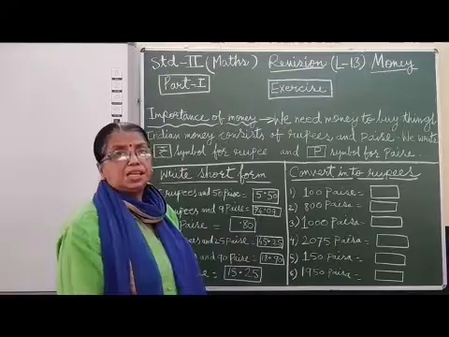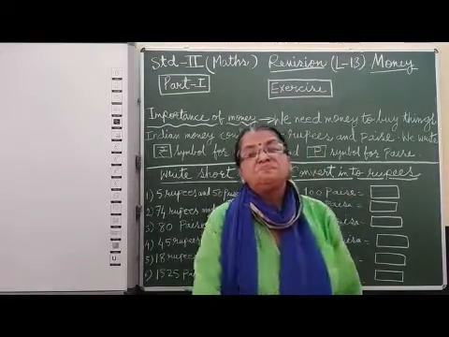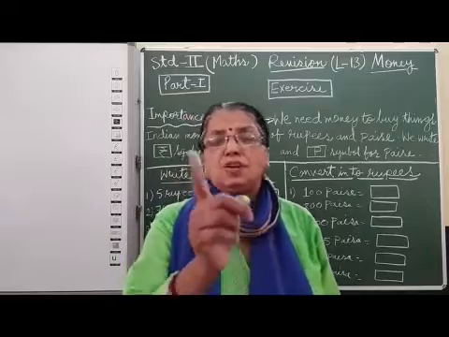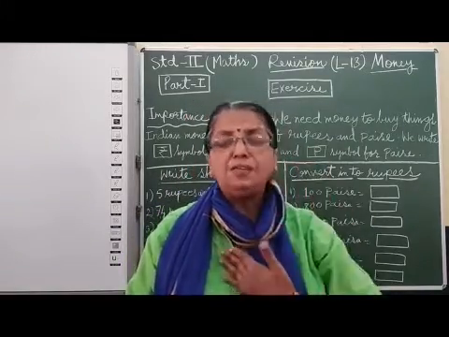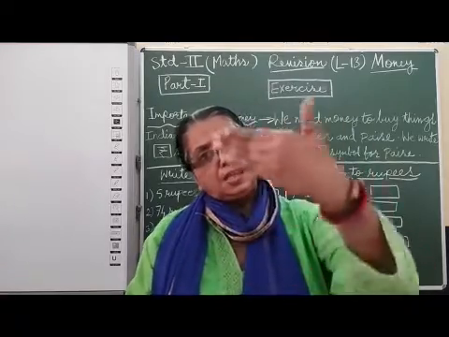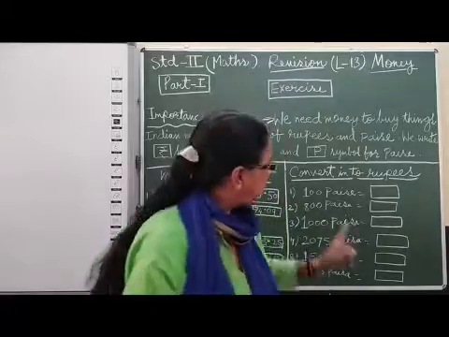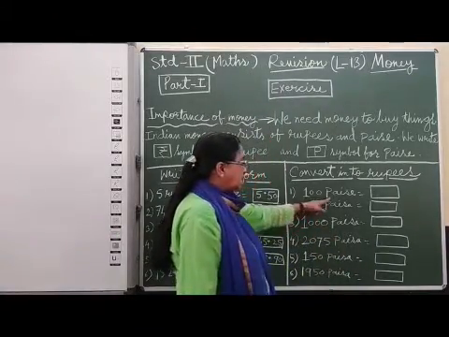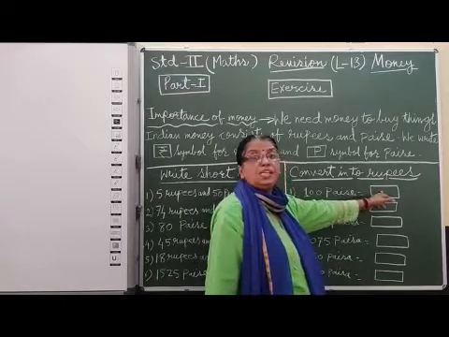Now the next part of this exercise is convert into rupees. As I told you, 100 paise is equal to 1 rupee. That we have to keep in mind always, like the way you remember tables. 100 paise is equal to 1 rupee. See here, convert into rupees, that means the answer should be in rupees.